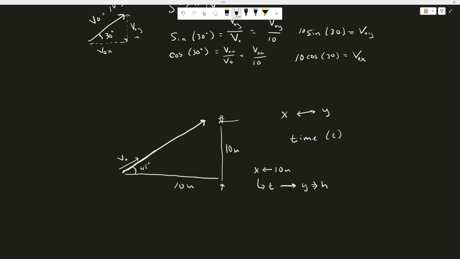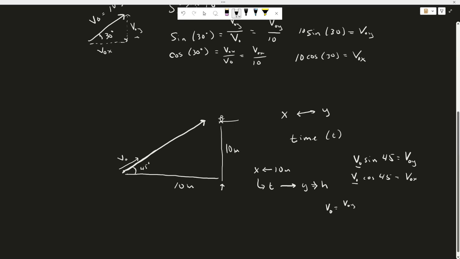Also keep in mind that our V0 goes between these two dimensions because it is in both dimensions. So while V0 sine of 45 will equal V0y, and V0 cosine of 45 will equal V0x, this V0 and this V0 are the same thing. So I could also say that V0 is equal to V0y divided by the sine of 45, if let's say I know how fast it's going upward.